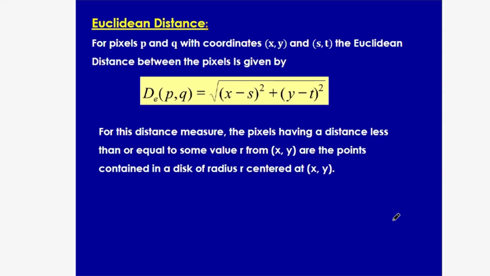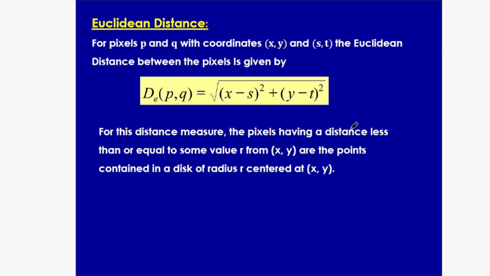This is the formula to find the Euclidean distance: root of (x minus s) whole square plus (y minus t) whole square. The set of pixels having Euclidean distance less than or equal to some value r from the center pixel x, y forms a disk of radius r centered at x, y.